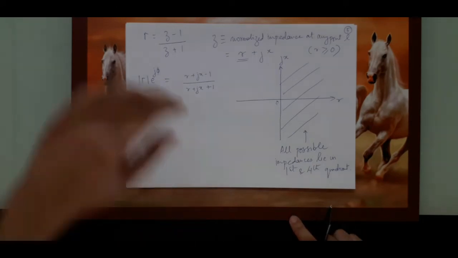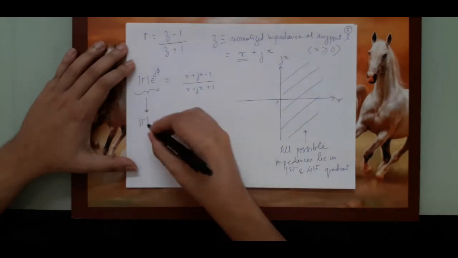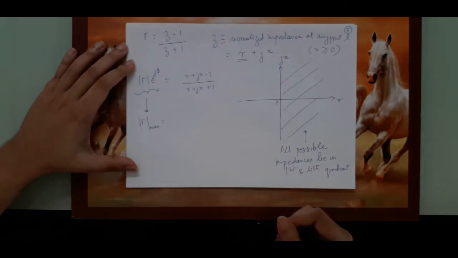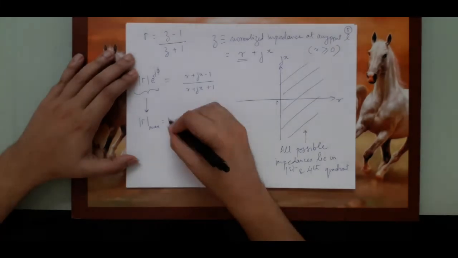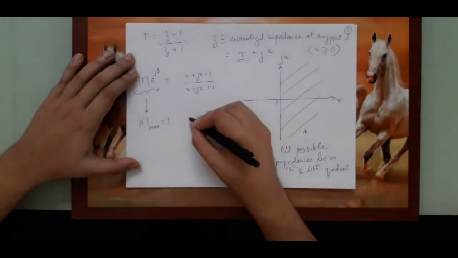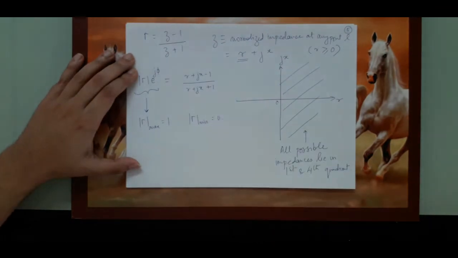So, what is mod gamma max? Or what is the range of values mod gamma can take? What is the maximum possible value gamma can take? It's 1. What is the minimum possible value gamma can take? 0.